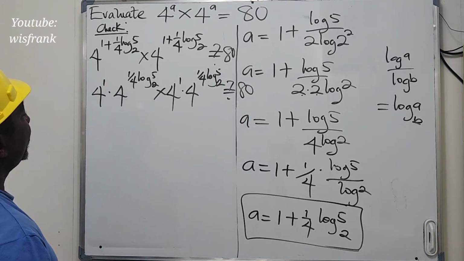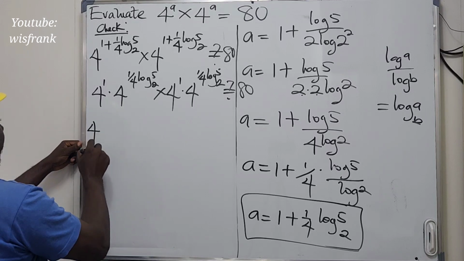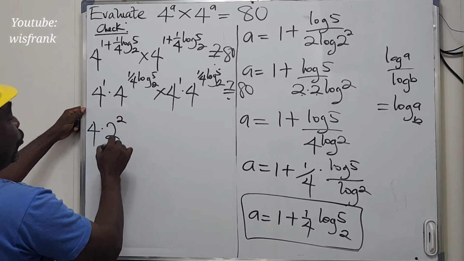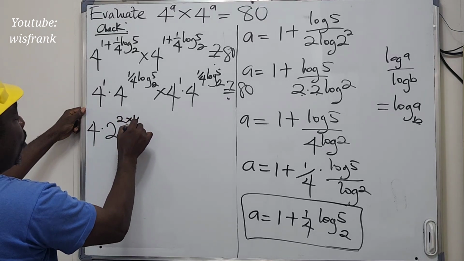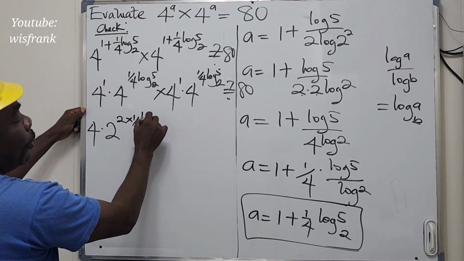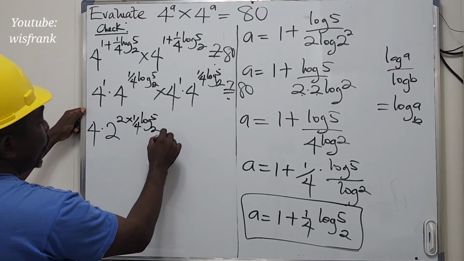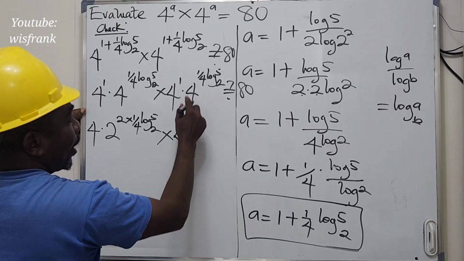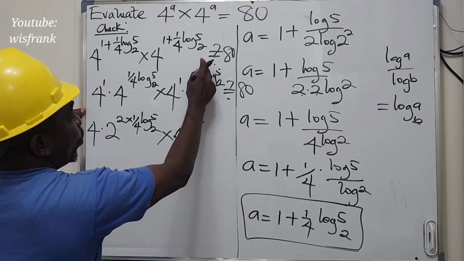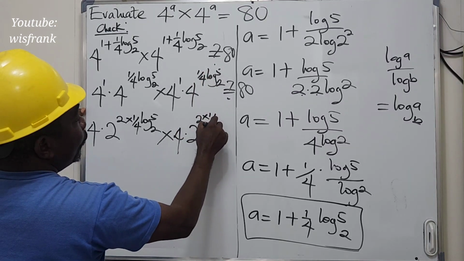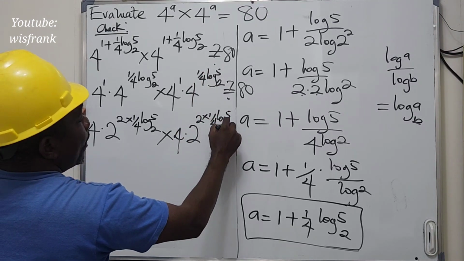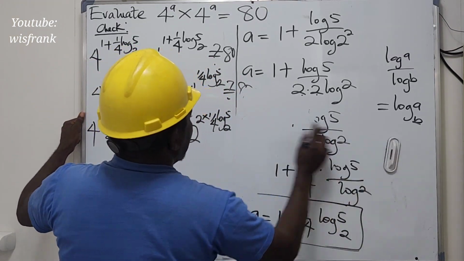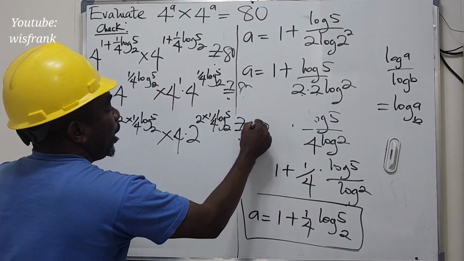So this can be written as 4 times, this is the same thing as 2 to the power of 2 times 1 all over 4 log 5 base 2, then we have times 4, and 4 can be written as 2 to the power of 2. Then we bring down times 1 all over 4 log 5 base 2. Will that equal 80?